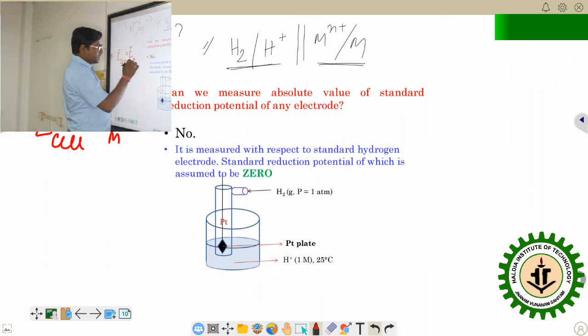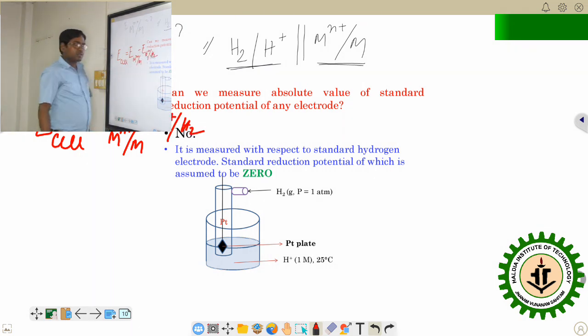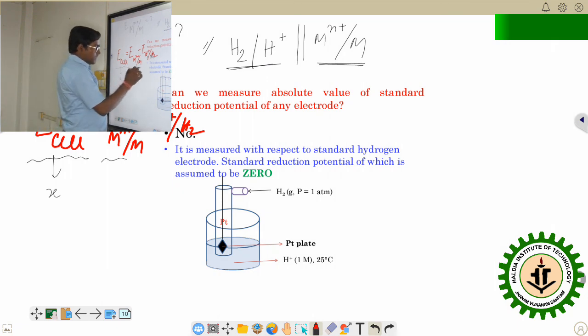Right hand means here it is M^n+/M, minus H+/H2. For this one, say E cell, you will get some value, say X, but its value we are trying to find out.